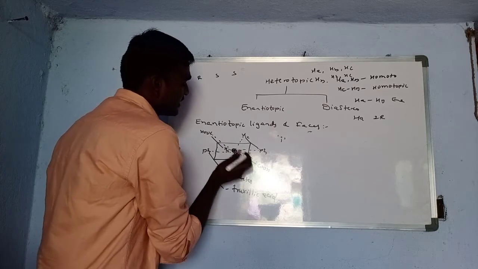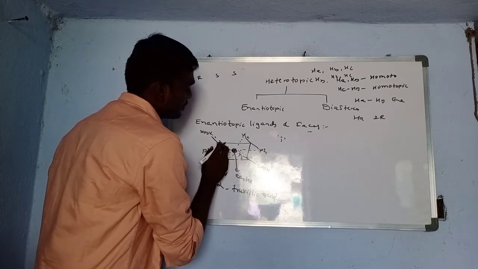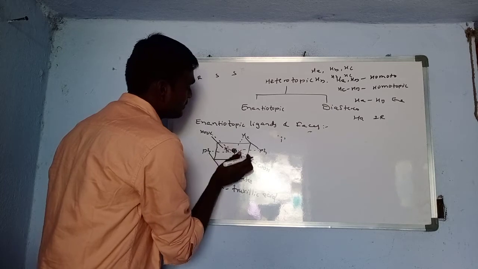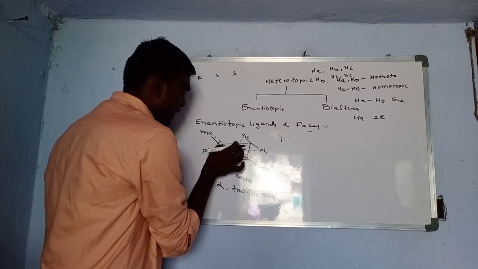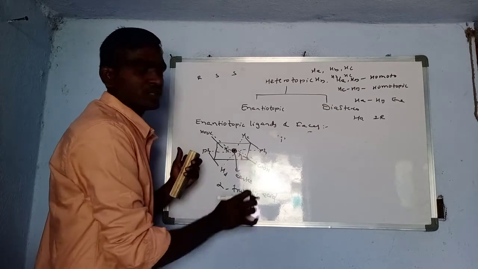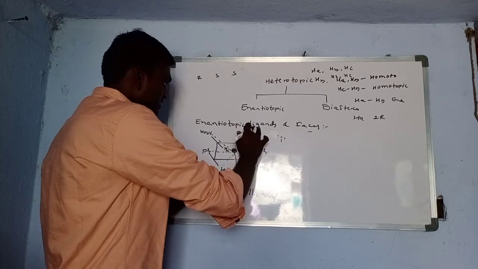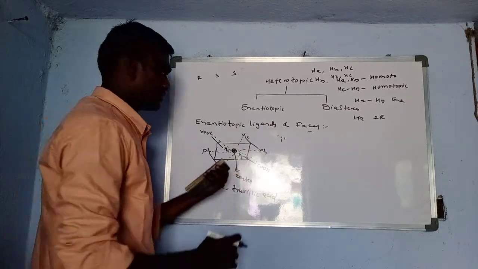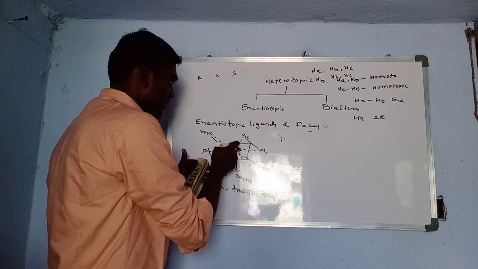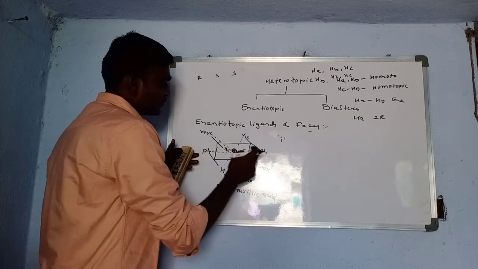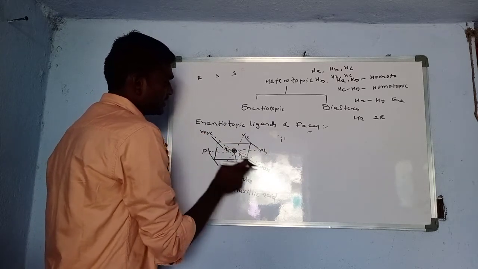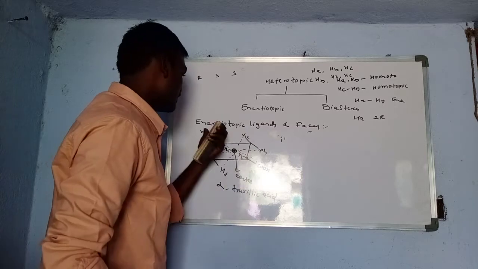HA is interchanged to HB. If we join these two, they can be interchanged. So these two ligands are said to be enantiotopic. In the same way, HC and HD are enantiotopic because they meet at this point, the center of inversion. These two phenyl groups are also enantiotopic, and these two acid groups are also enantiotopic.